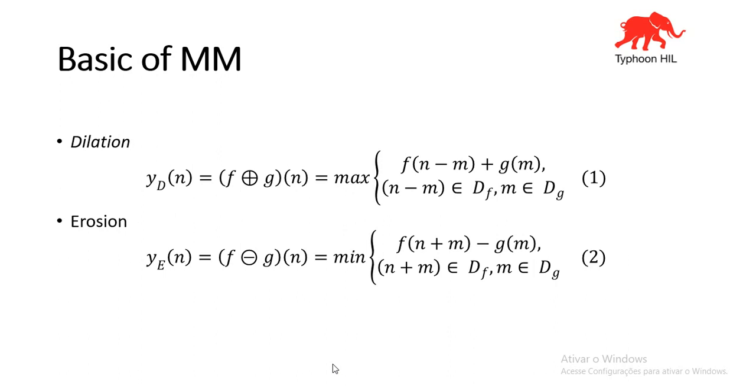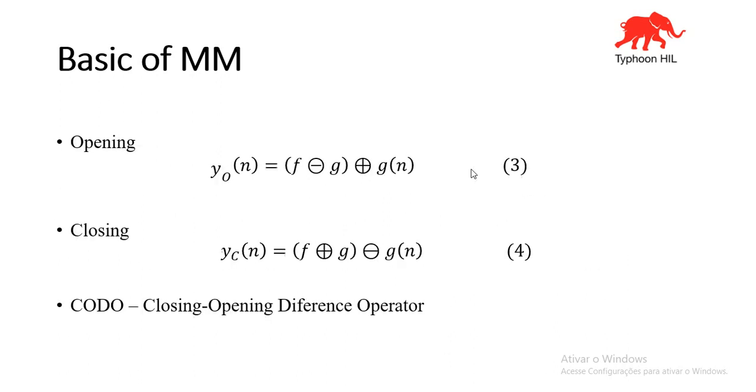The main function of morphological operators is to extract relevant characteristics of the signal. In this case, the input signal is the current, and g is another function called the structuring element. I'm not going to go deeper into this equation because we don't have time, but we're going to use other filters called opening and closing, also based on mathematical morphology.